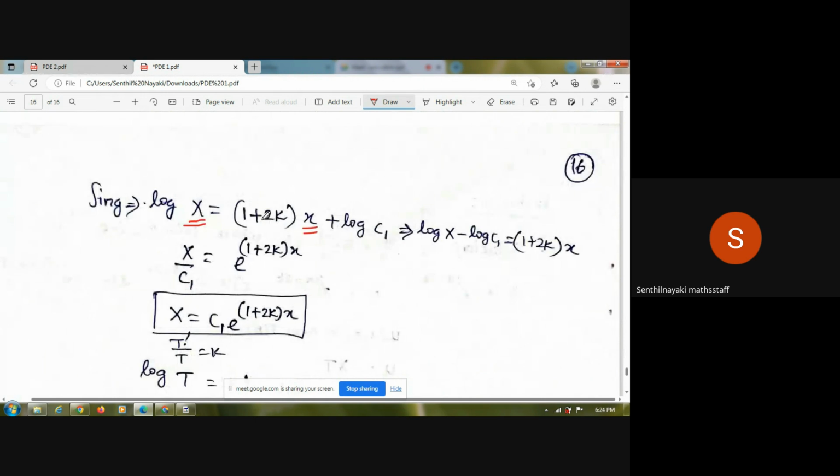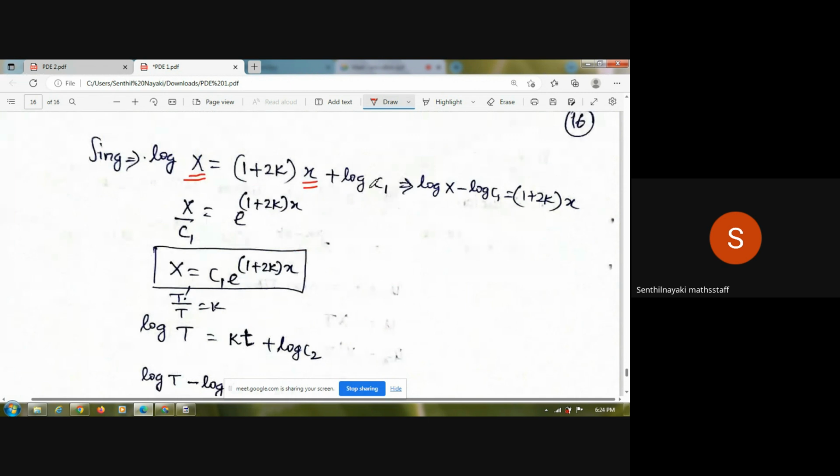So log X equals 1 plus 2k into x plus some integrating constant log c1. Here we can assume any type of integrating constant. Since a log function is there, I am adding the integrating constant also as a logarithmic constant.